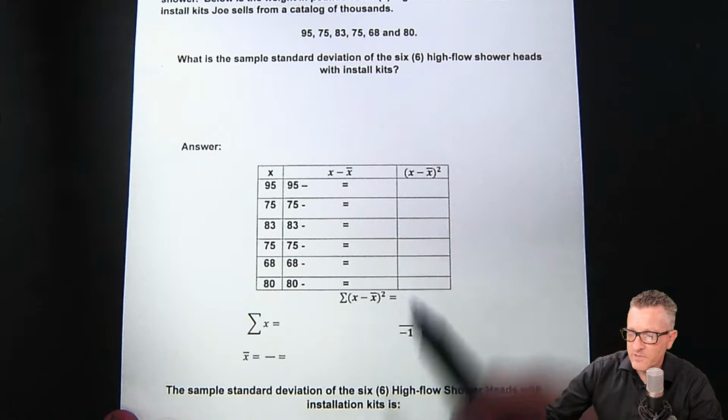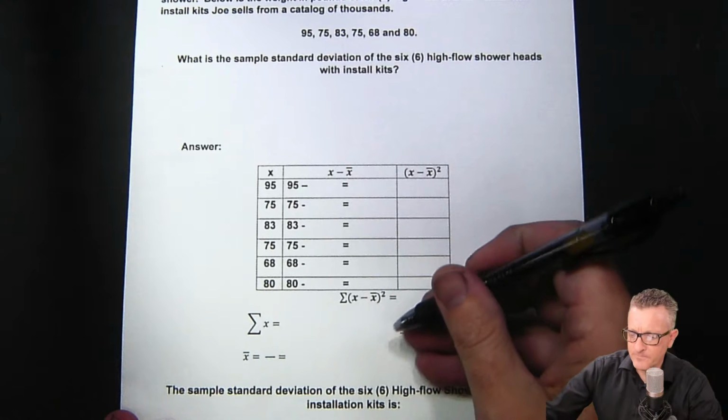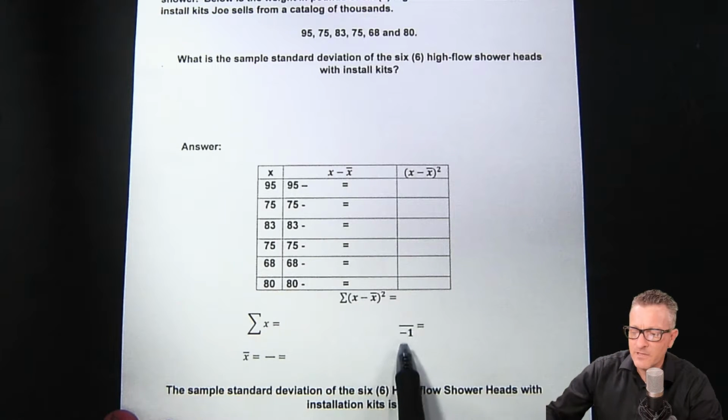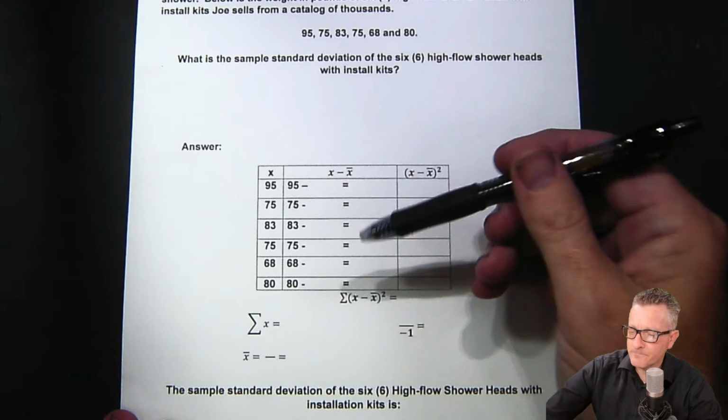With the sample formula, I just have the minus 1 written out here, but I'll show you how this fleshes out. We end up using a subtract 1 in our denominator. So I'll show you where that fits in. If it was population data, we wouldn't be subtracting 1 from our n when we do this calculation. So let's take a look.